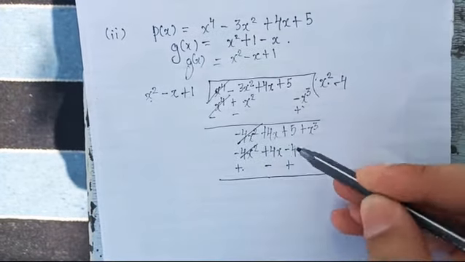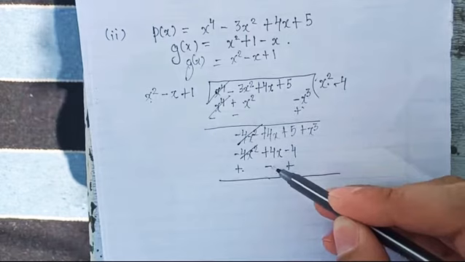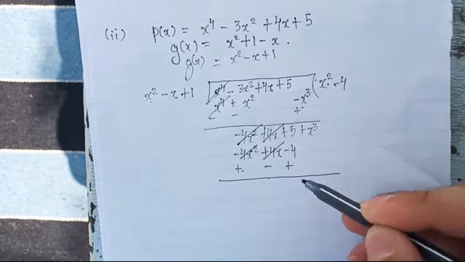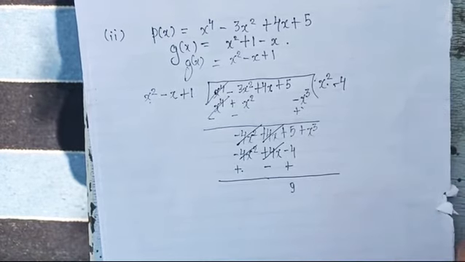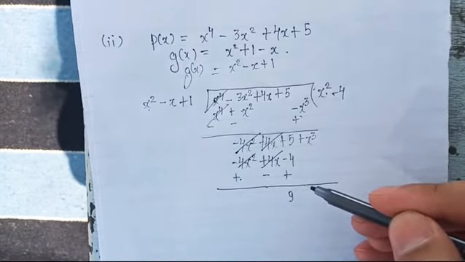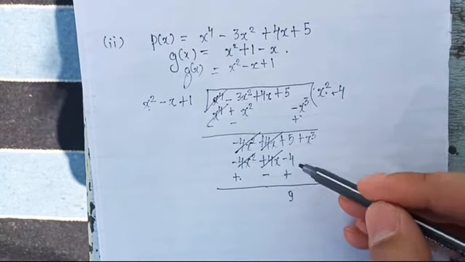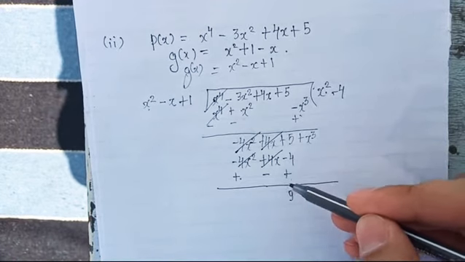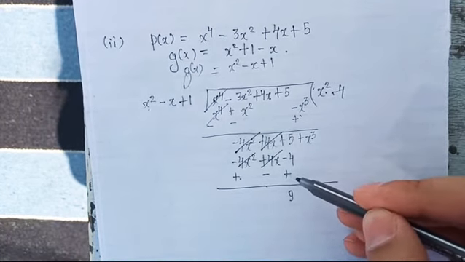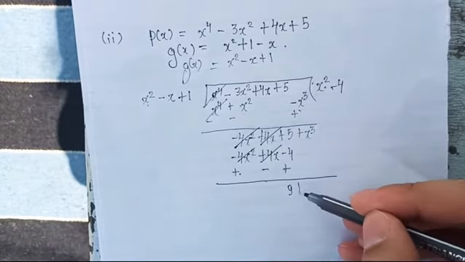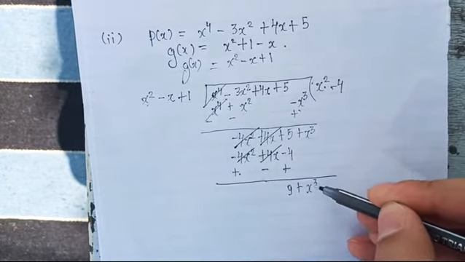Okay, plus 4x minus 4x will also cancel out. 5 plus 4 will become 9. Why plus 4? Because the sign is changed now. It was minus 4, but its sign has been changed. It is positive now. So 5 plus 4 is 9, and plus x cube.